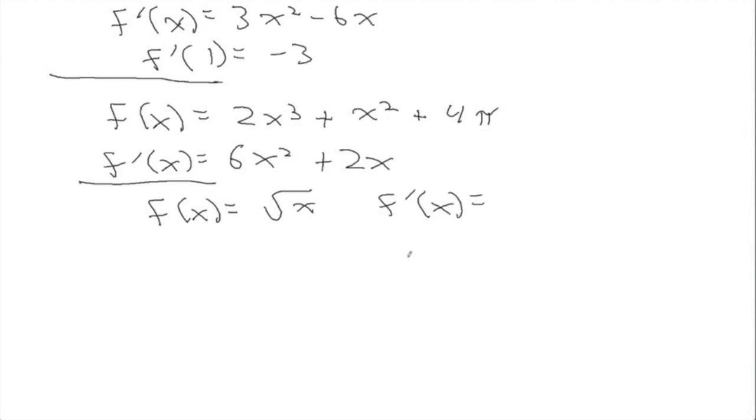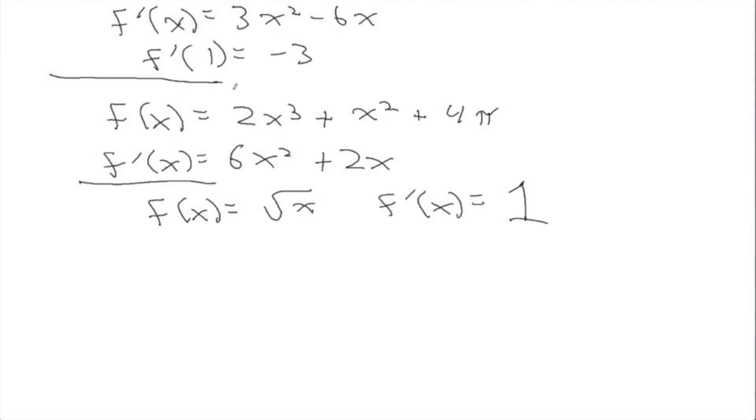I believe it's 1, but I'm not sure. How did you work that out? Square root of x is to the first power, so 1 times the square root of x, and then n minus 1, which is 0, so... Okay, well, let's work that out together. That one we need to work on some.